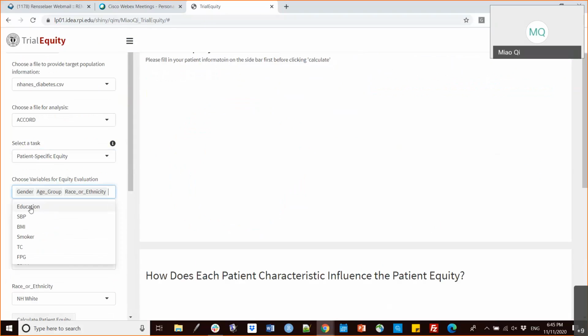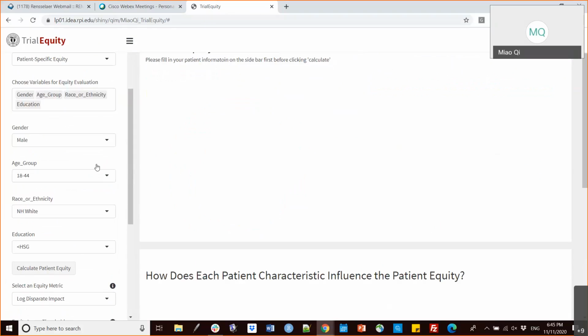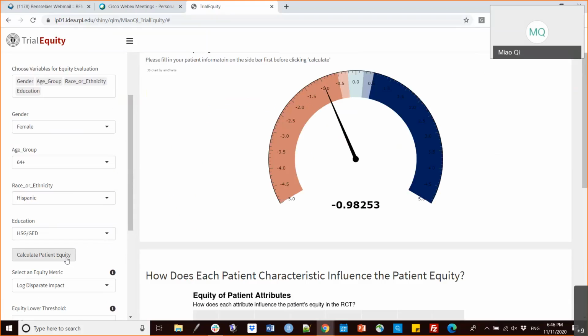So here there's also based on the demographics. If my patient is a female aged over 64 and is from the Hispanic group and also has a high school graduate education level, then I can calculate the patient equity for this individual patient.